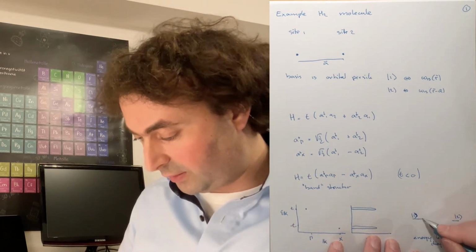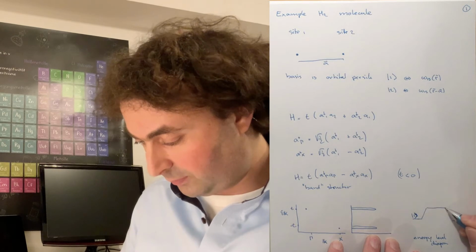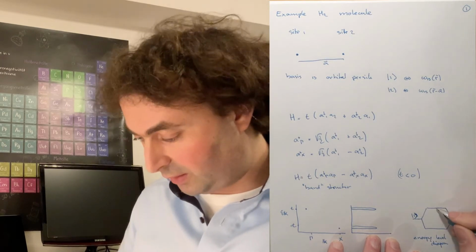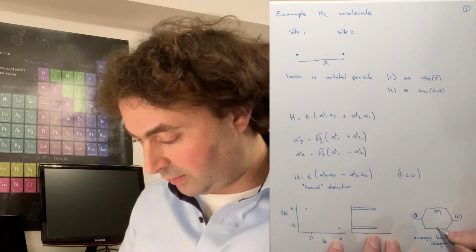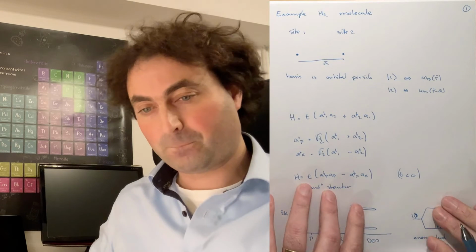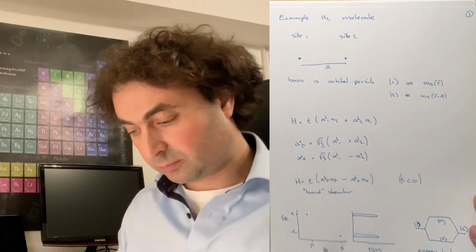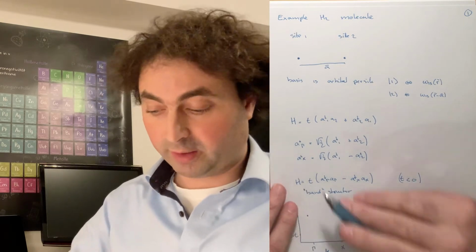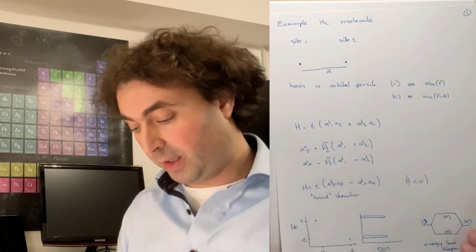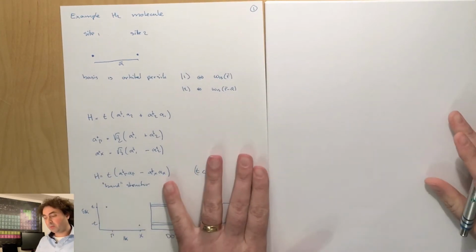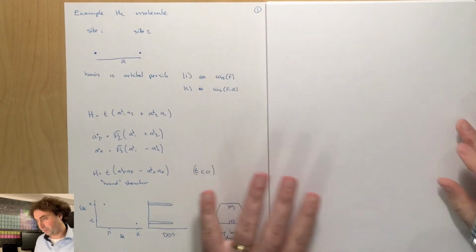Then they interact with each other, making the bonding and the anti-bonding state, the state at gamma and the state at x. So we know what our eigenstates are, a dagger gamma on the vacuum or a dagger x on the vacuum, and we know what our energies are, t and minus t. So with that we have solved our system.